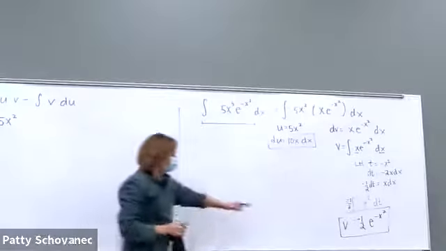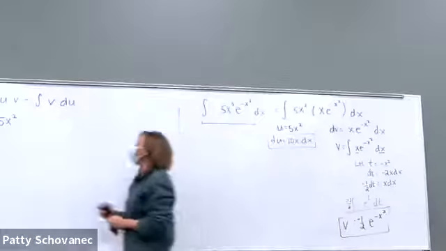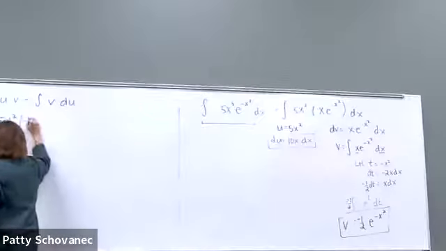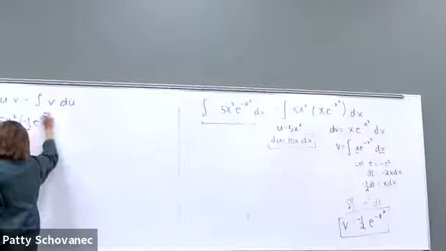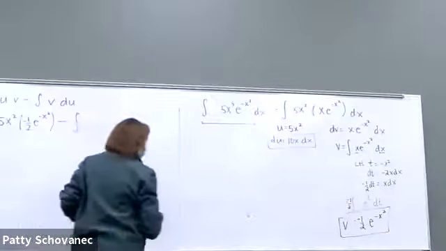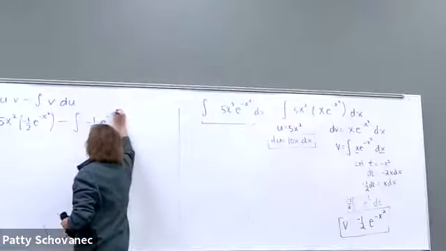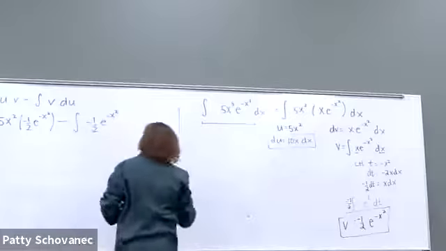It took a while, but we got v to be negative 1/2 e to the negative x squared. Minus the integral of v, okay, there's my negative 1/2 e to the negative x squared again, times du is 10x dx.